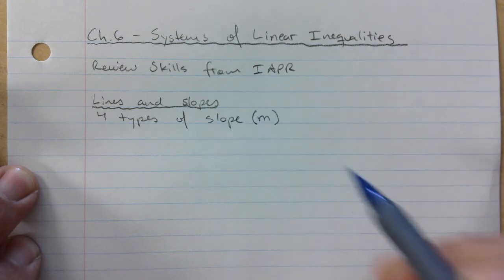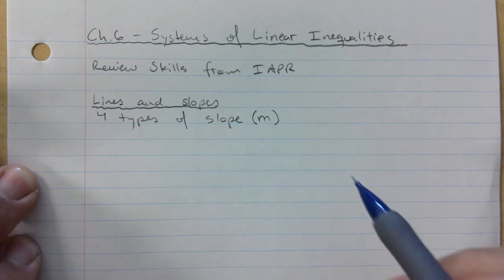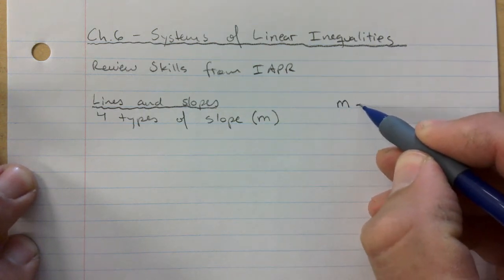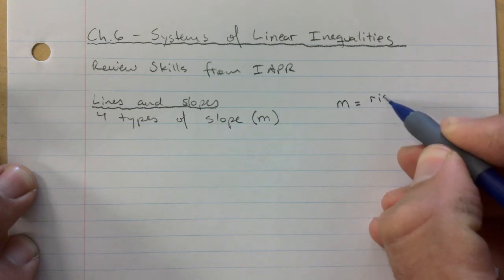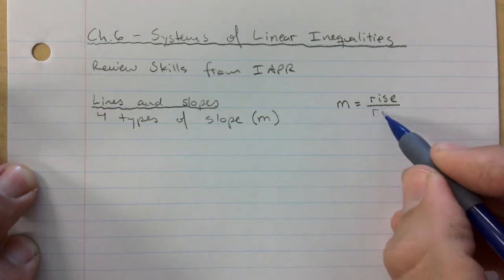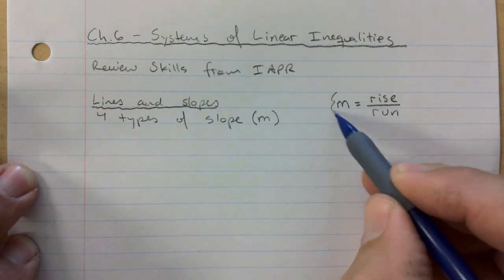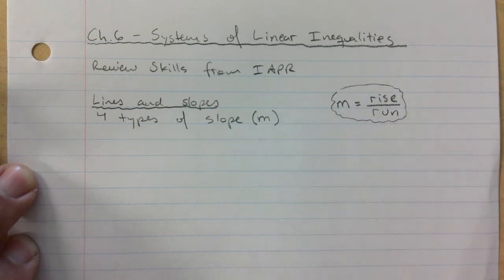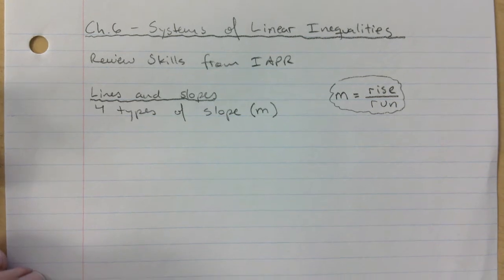I'm just going to call it, remember we use the letter M for it. And some of you will recognize that slope is rise, the amount of vertical over the amount of horizontal, right? So rise over run. Does that ring a bell? That's one way of thinking of a slope.